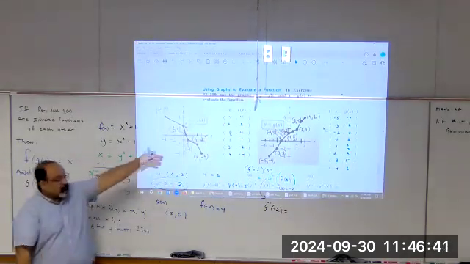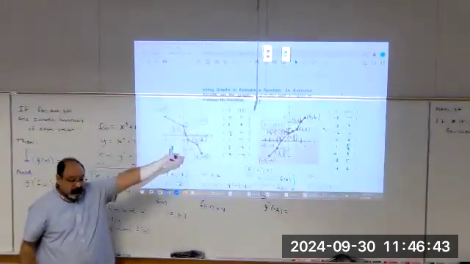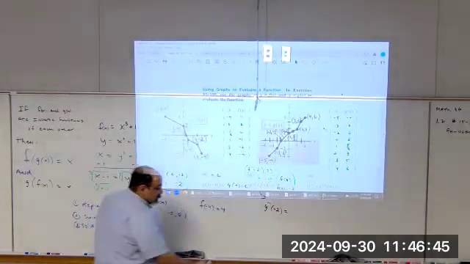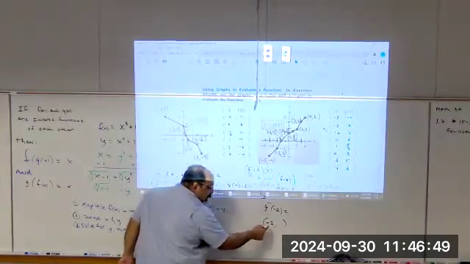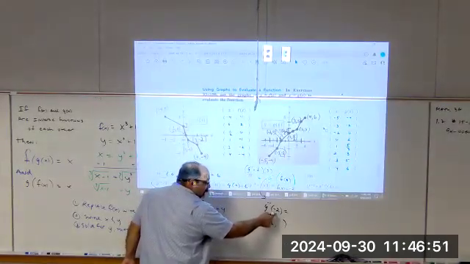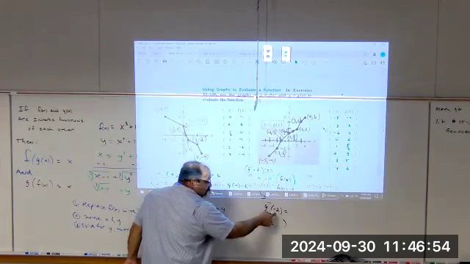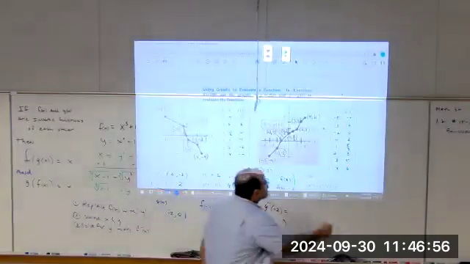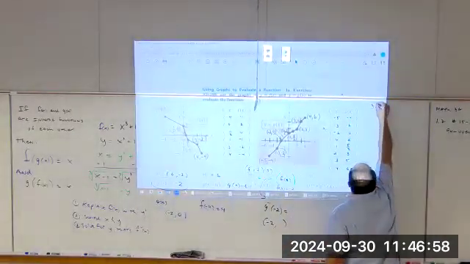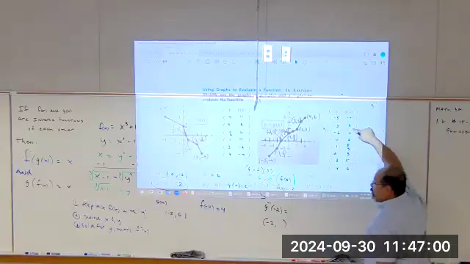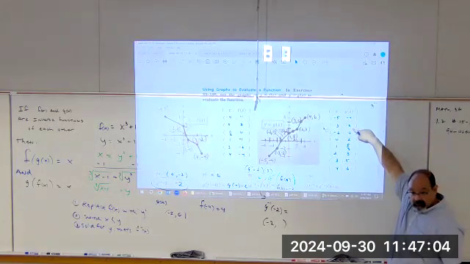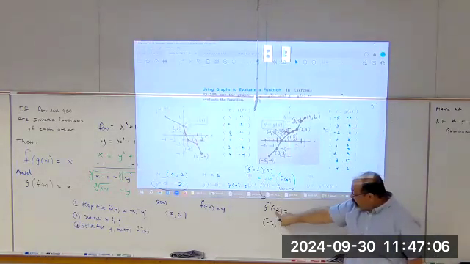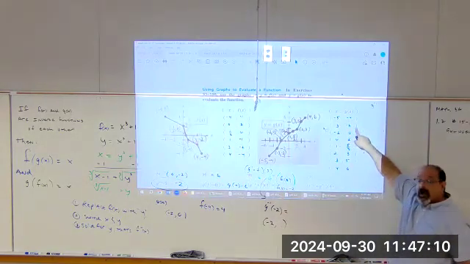I don't have the inverse ordered pairs. g inverse of -2: I want to plug -2 into the inverse as an x coordinate. So where do I pick it up from? On the inverse function, -2 would have to be the y coordinate. It's the ordered pair where the y is -2.